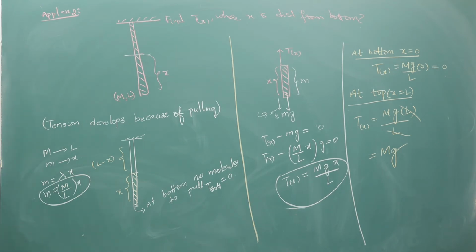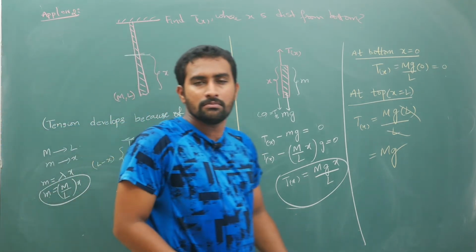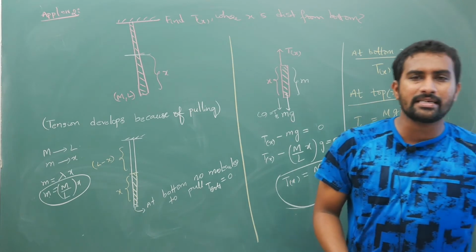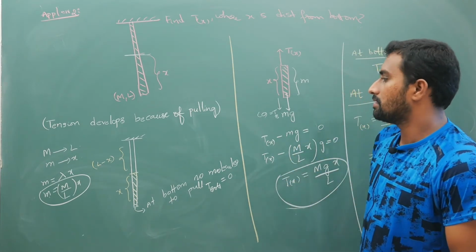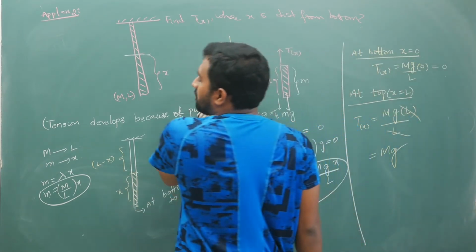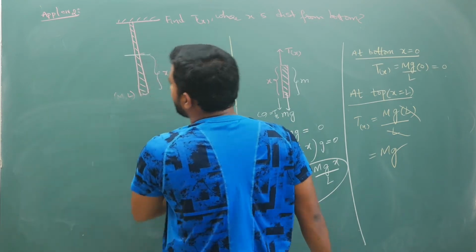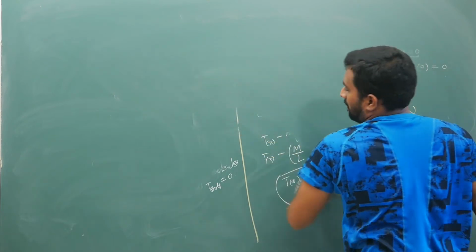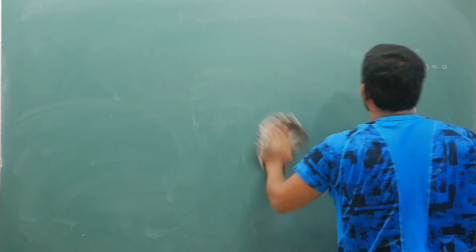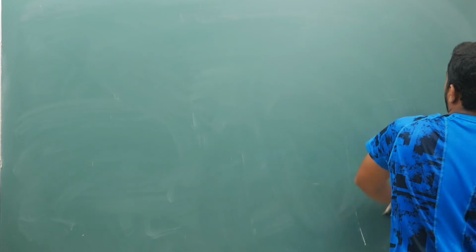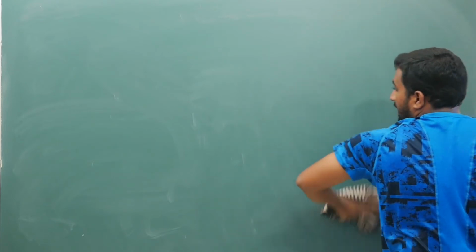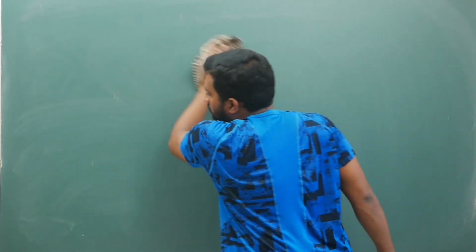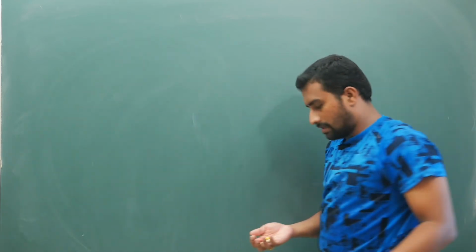Now, unless otherwise mentioned, we will consider light or massless strings. Only if mass is present for a rope will your tension be different. If mass is not given, or if the word light is mentioned, good books will mention the word light.